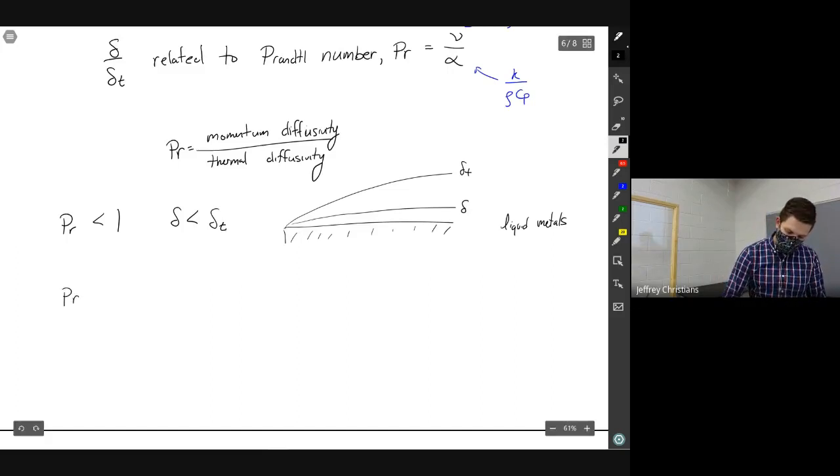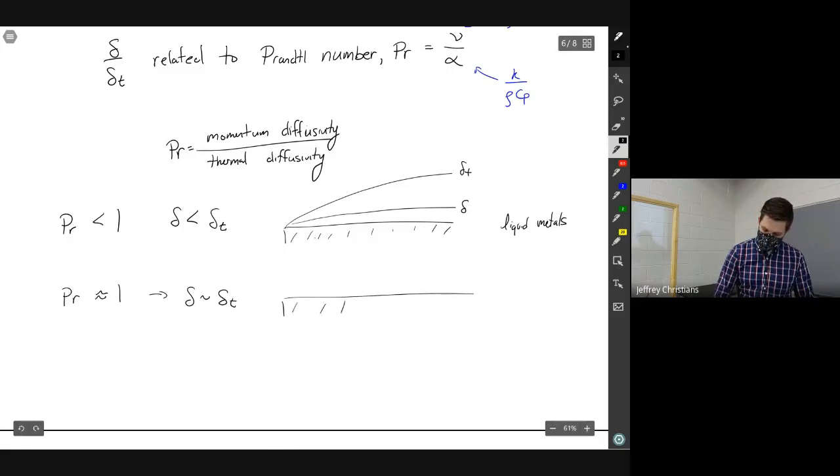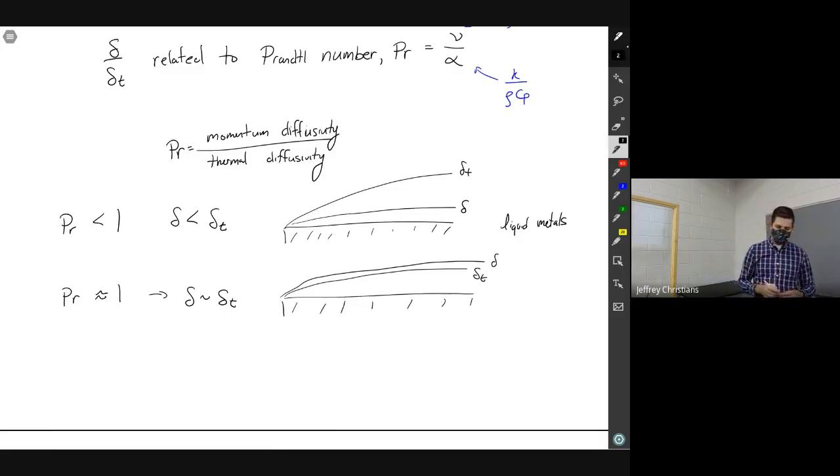If the Prandtl number is about equal to 1, then that means that these are about the same. They might not be exactly the same if it's not exactly 1, but they'll be in the same ballpark. They'll be similar thicknesses.